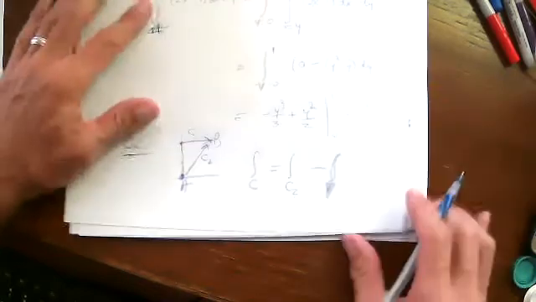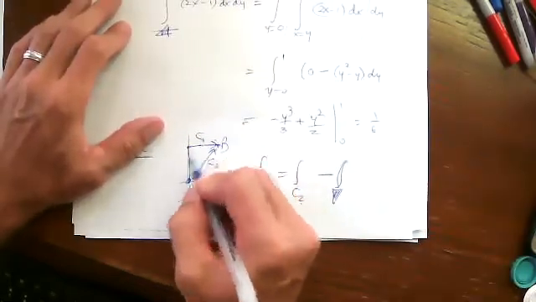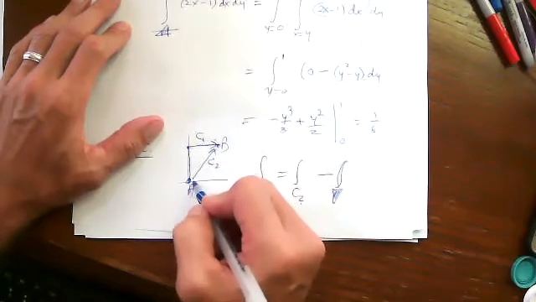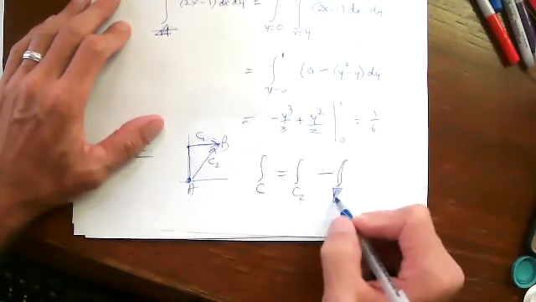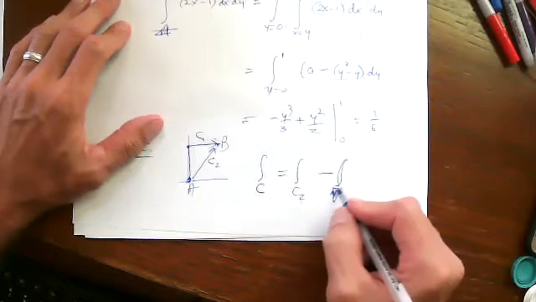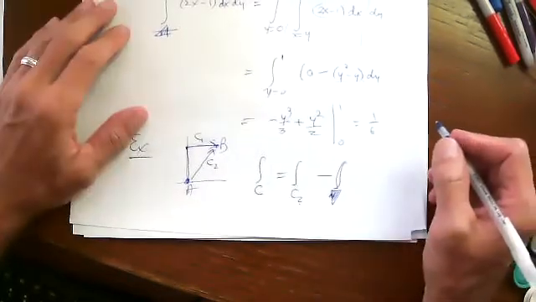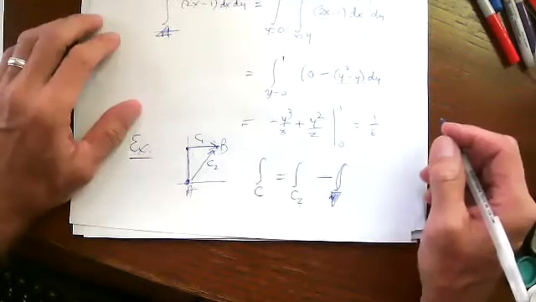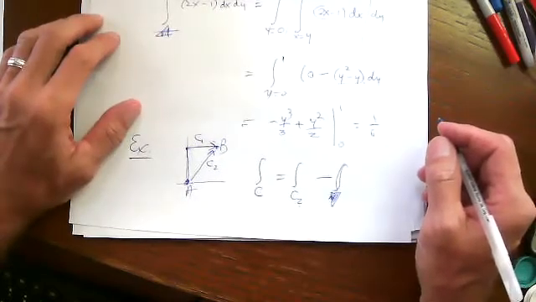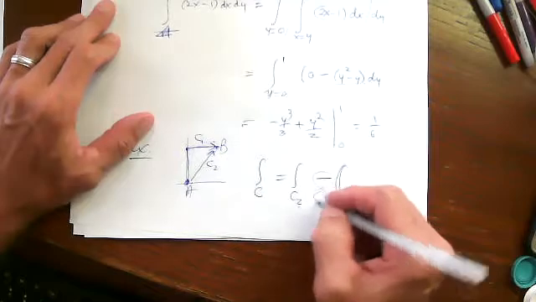That's fine, but in this case, going around the original curve C1 and then taking C2 backwards goes around this triangle clockwise. So that's backwards from the way it's supposed to be in Green's theorem. And that's why I replaced the plus sign with a minus sign here.